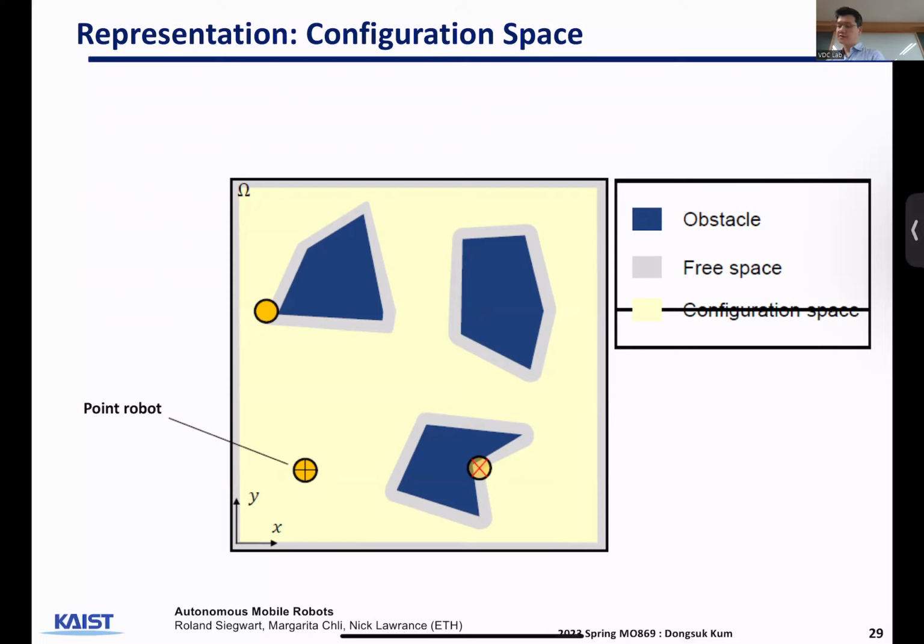And what this represents is the configuration space drawn in the Cartesian coordinates. And as you can see, that includes the robot size considered in the space representation.